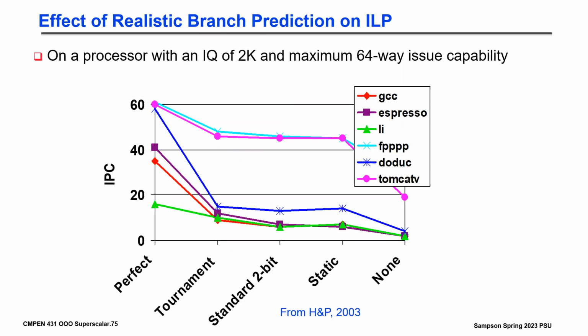If I have perfect versus tournament, which is pretty reasonable, even this you can see is a big drop off. This is a very reasonable branch predictor. It's going to have, for most of these programs, a high 90s or 90+% accuracy. And you can see that the gap between 90 something and perfect is potentially more than 3x.